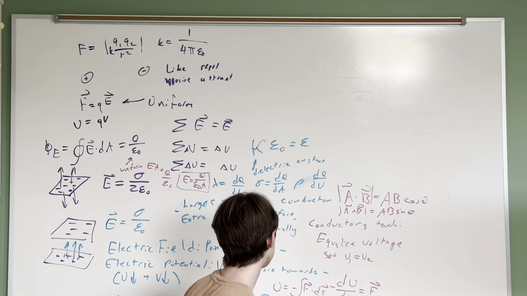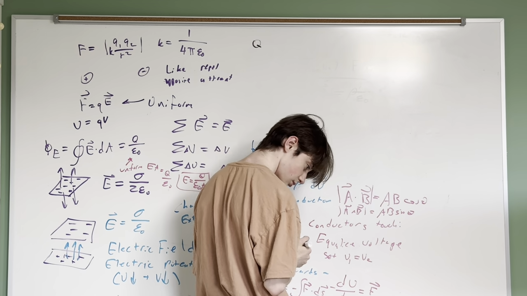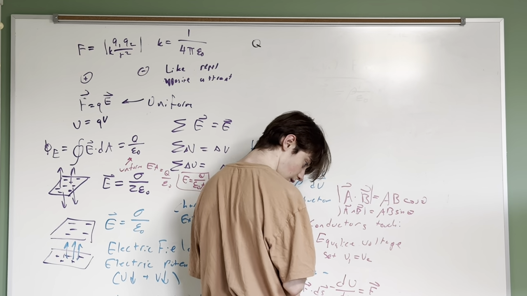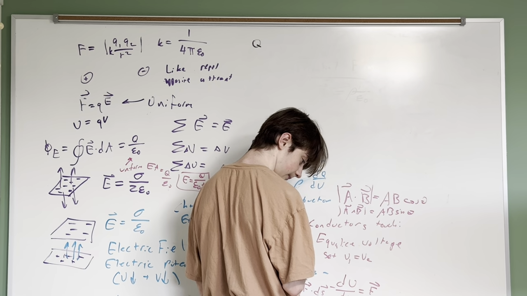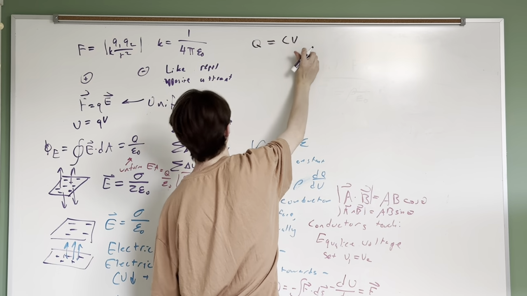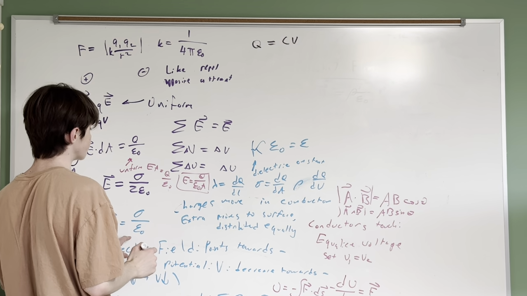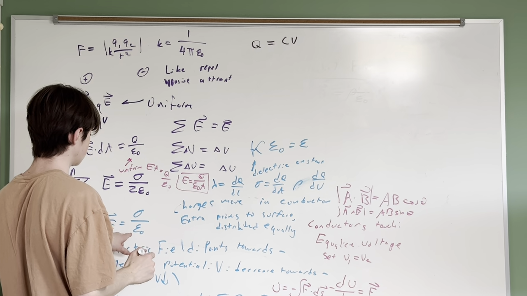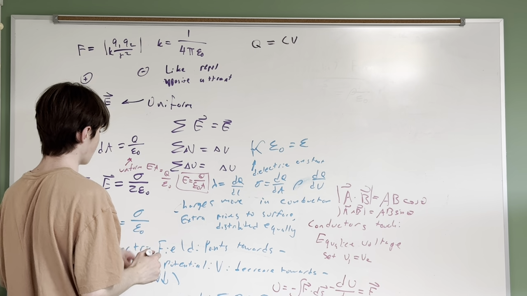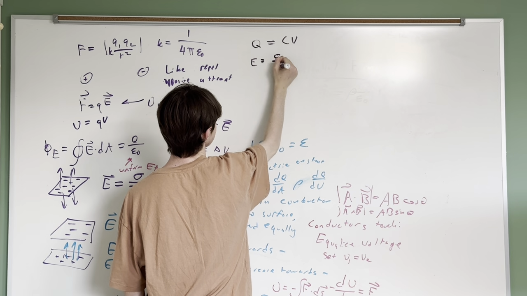Okay, so for capacitors we know that Q equals CV. And if we plug in this equation for a capacitor, the electric field is equal to sigma divided by epsilon.